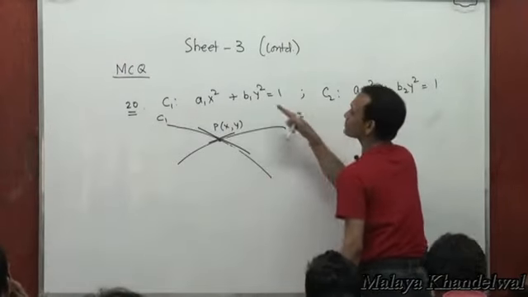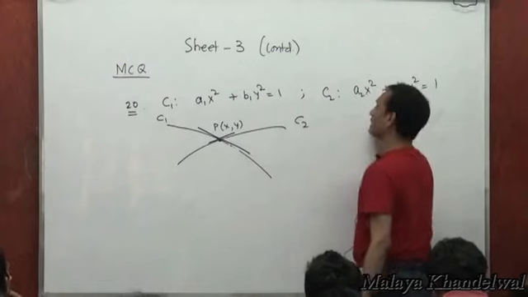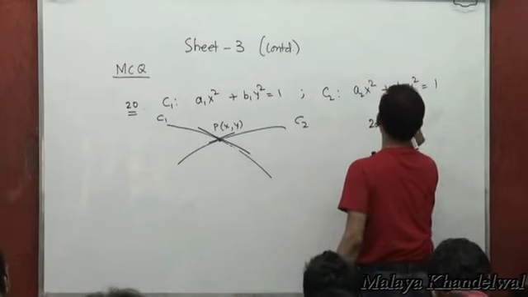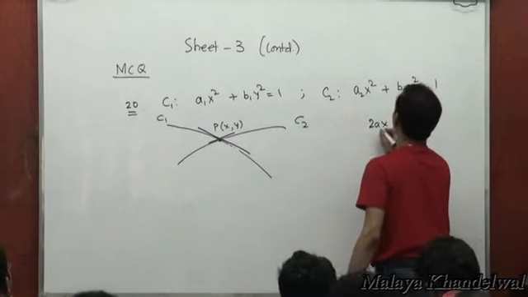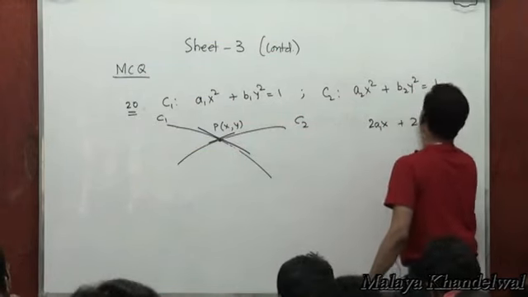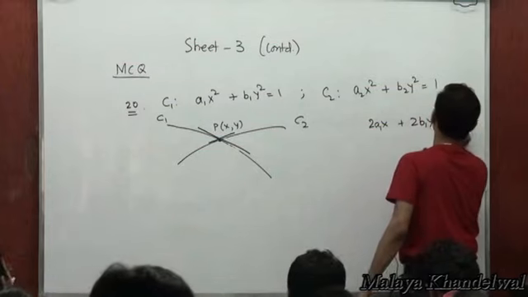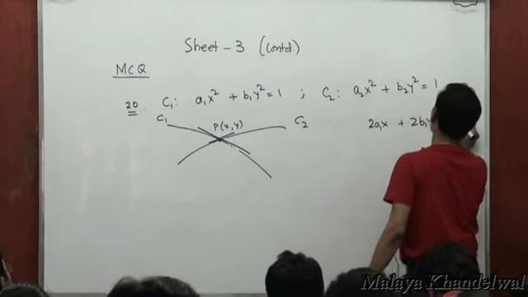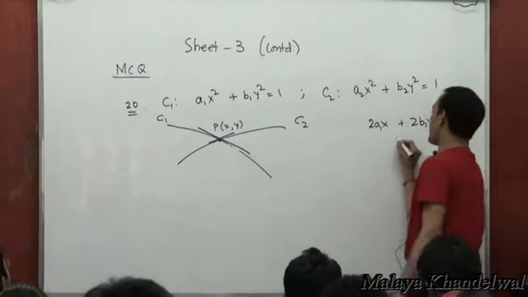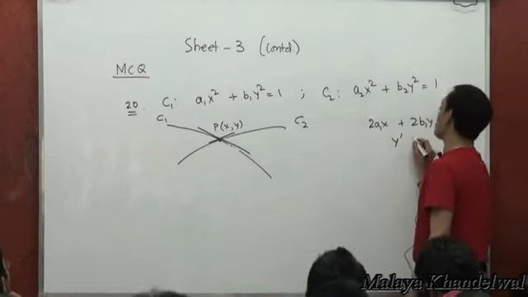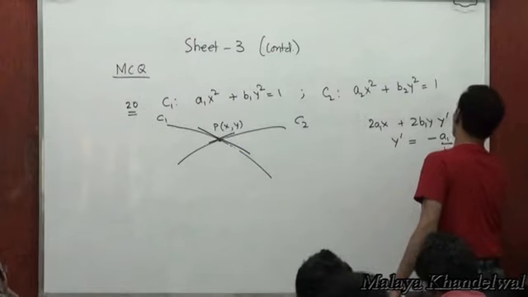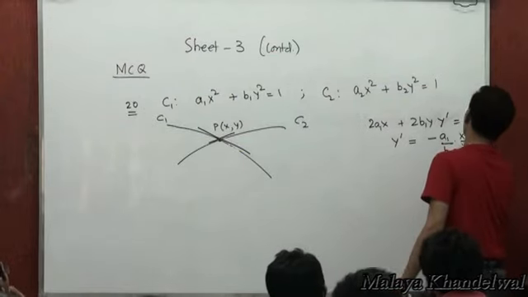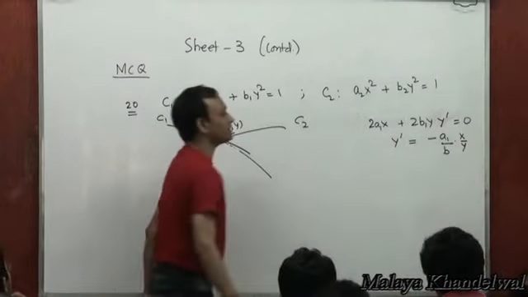Now, if I differentiate this with respect to x, I get 2 a1 x plus 2 b1 y dy/dx equal to 0, or y prime, the slope of the tangent at (x, y), is going to be minus a1 by b1 into x by y.